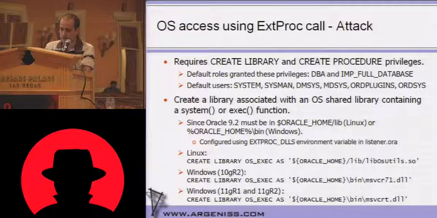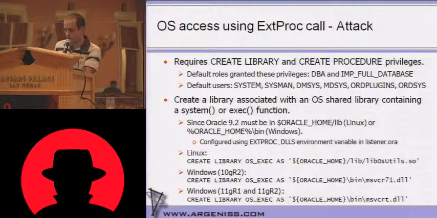We have shared libraries that contain this kind of function both in Windows and in Linux. In Oracle 9.2, these libraries that we can load must be in the Oracle Home lib directory or Oracle Home bin directory, but I found that there are libraries of this kind.